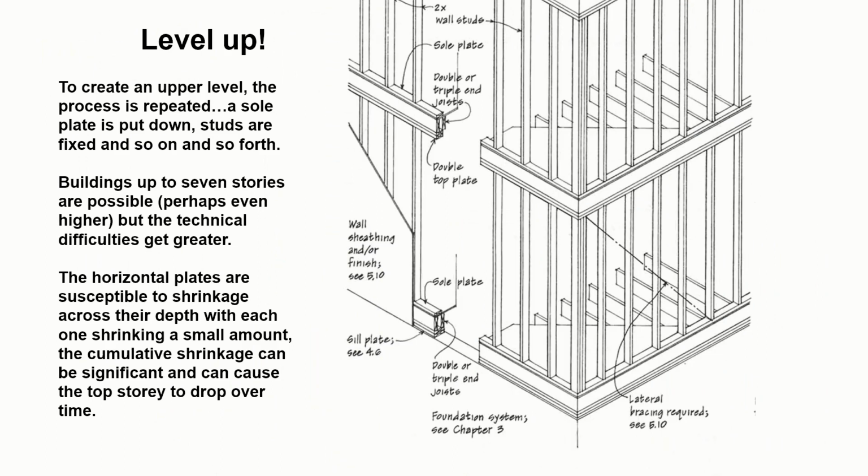So to get to another level, to increase the height of your building, we've got as far as producing a platform using our joists, and really the simplicity of the system is that we can install another frame directly on top of it.